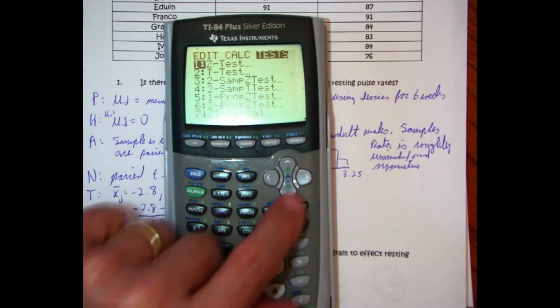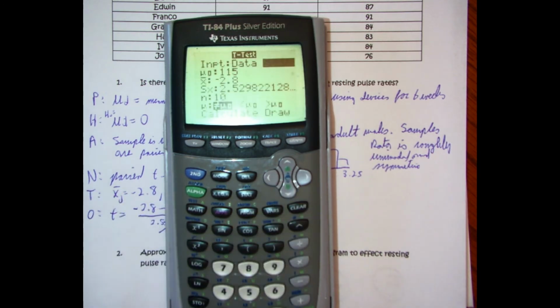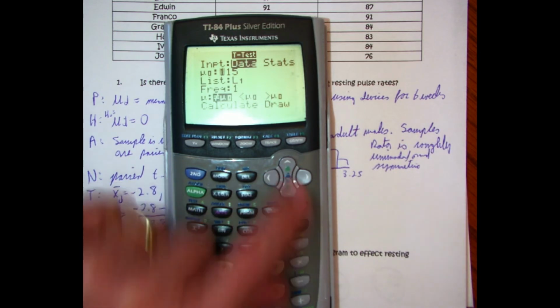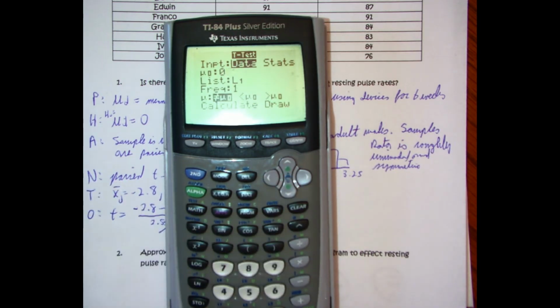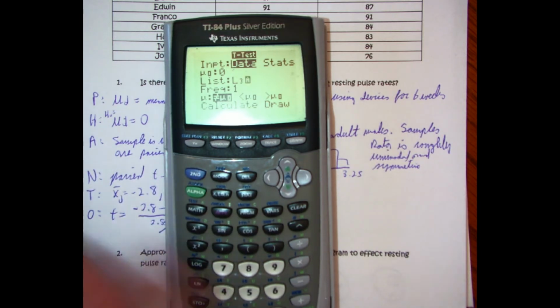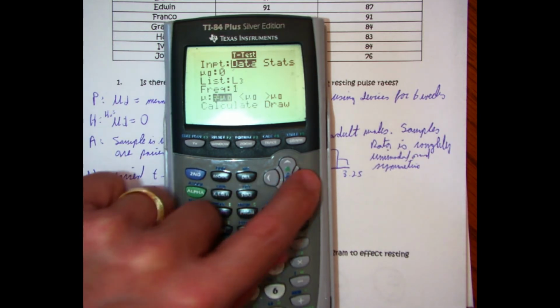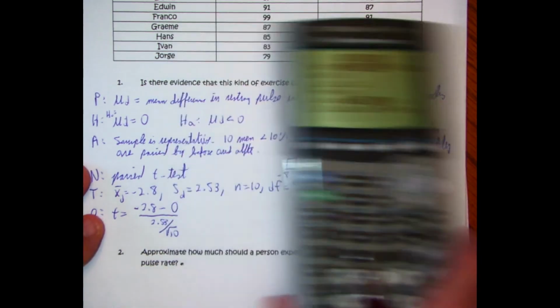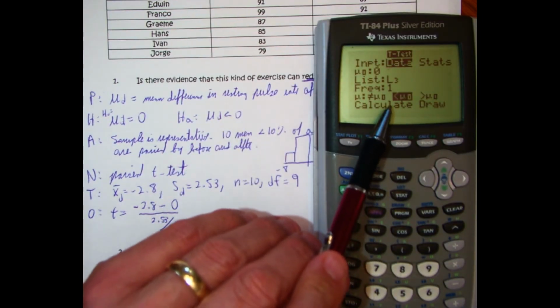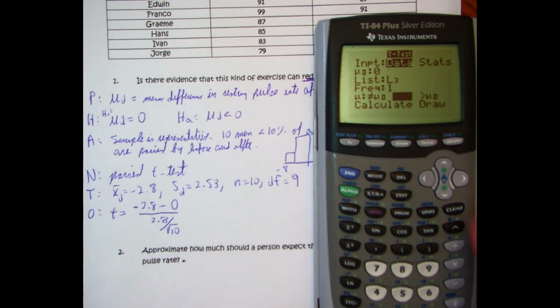So we just go to stat t-test, and we say, okay, we're going to do it from the data. And our hypothesized mu is 0. And our list is L3. And we're doing less than, because that's what our alternative hypothesis is. So this always matches this. Okay. And then we're going to say, okay, calc, go ahead and draw that up.